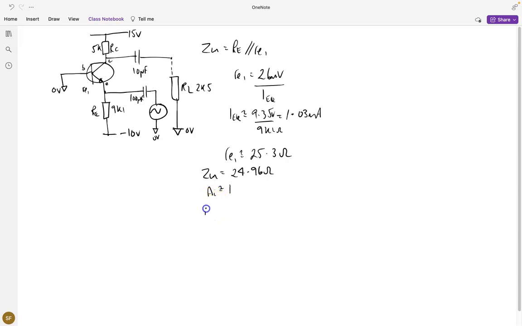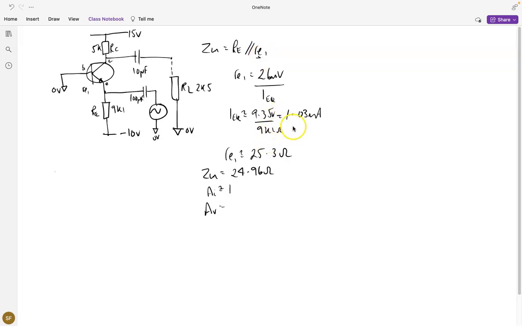But the voltage gain, AV, AC voltage gain, there's a few assumptions that we can make here. We can say that this Zin is going to be more in line with, provided the big RE resistor is much bigger than the little RE resistor, then this Zin is going to tend towards this little RE1 resistor.